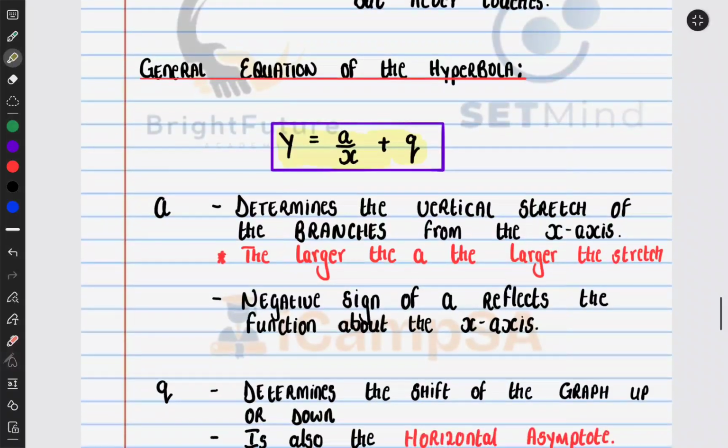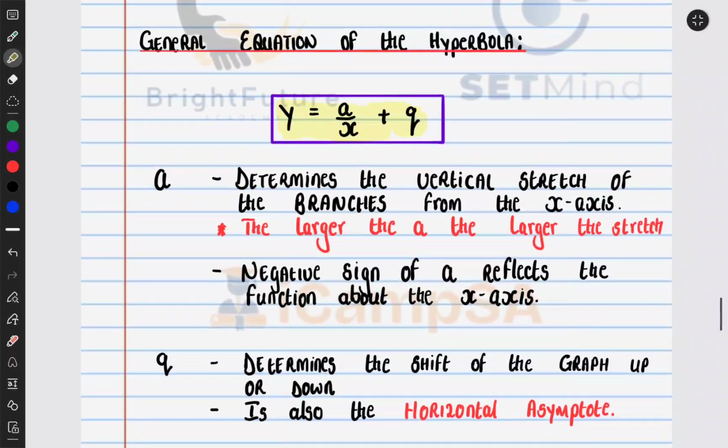Now let's quickly see what happens when we change the value of the variable a, the numerator there. So a determines the vertical stretch of the branches from the x-axis. Remember, when we were doing the parabolas, when we changed the value of a, the coefficient of x squared, our function got closer and closer to the y-axis.